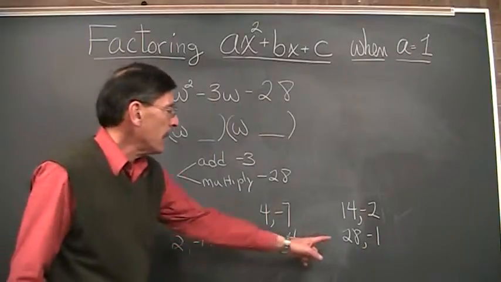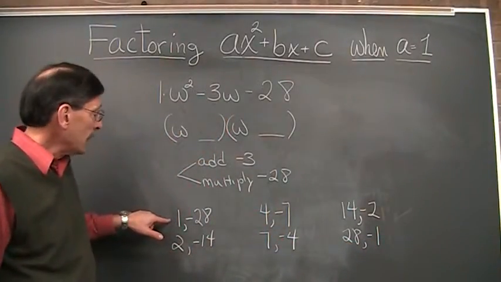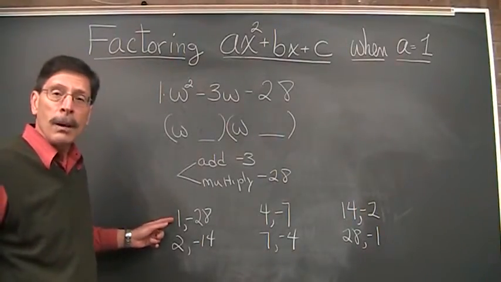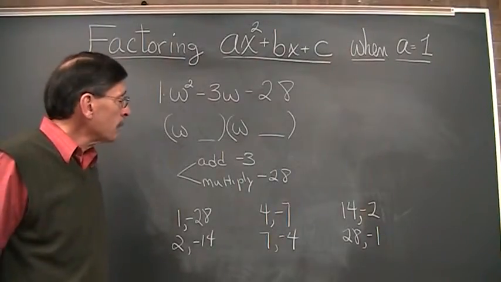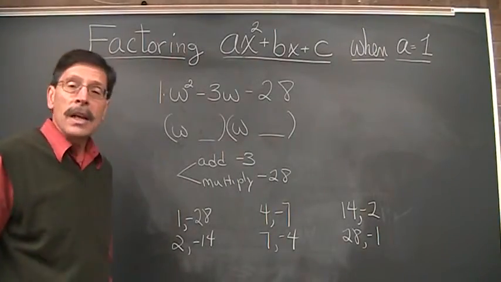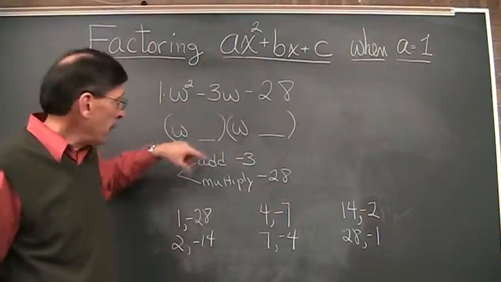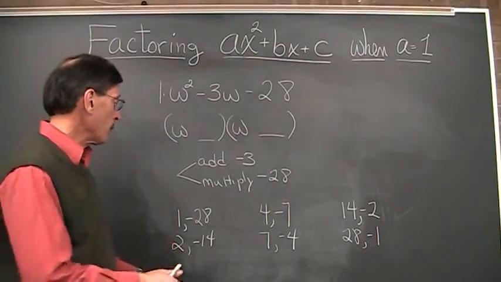And notice that 28 and -1 is not the same pair of numbers as 1 and -28. The signs are opposite. So I've listed 6 possibilities. Let's go through the list now and see which add up to -3. The pair that adds to -3 gives me the pair of numbers I'm looking for.